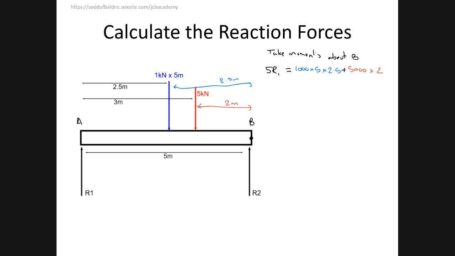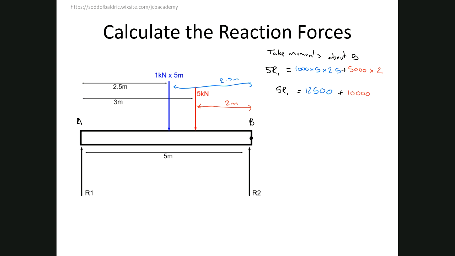So working all of these out, I get that 5 lots of R1 is equal to, in blue, 1,000 times 5 is 5,000 times 2.5 is 12,500 plus 5,000 times 2 is 10,000.